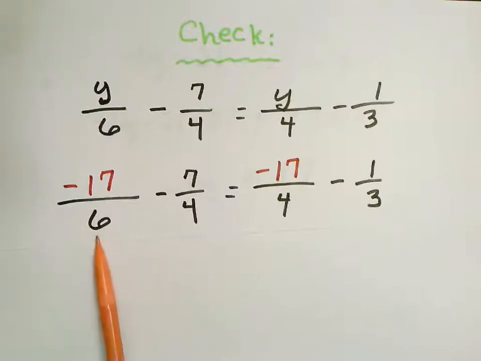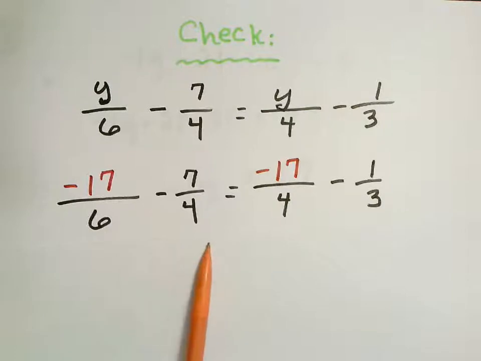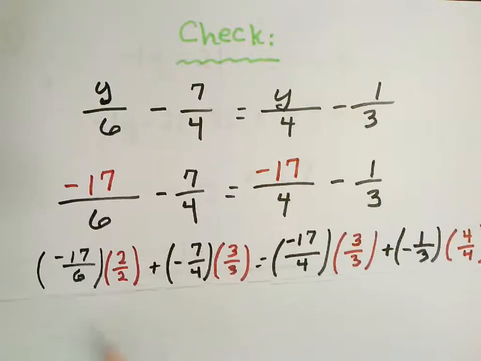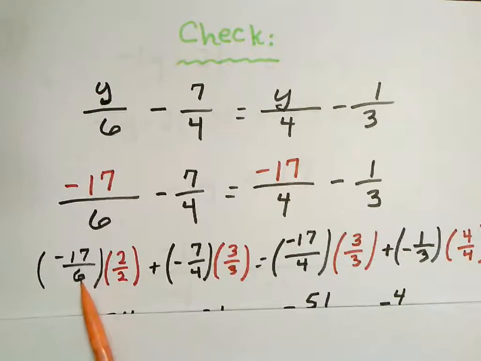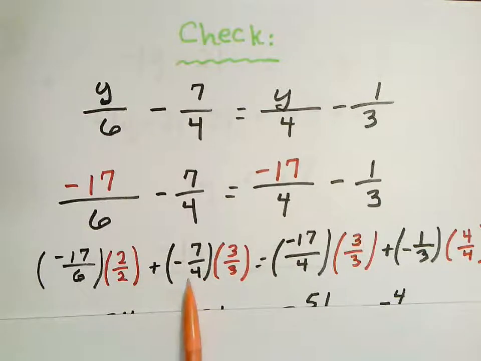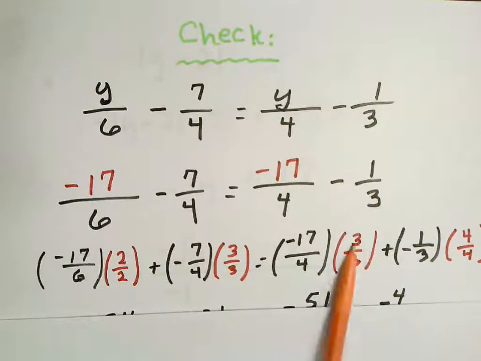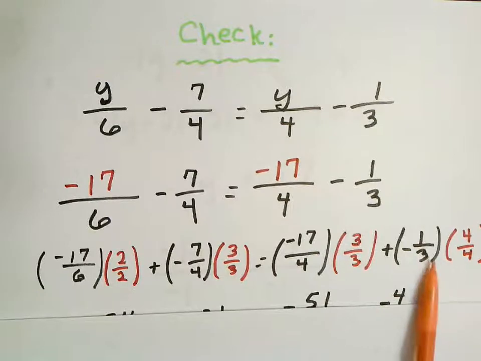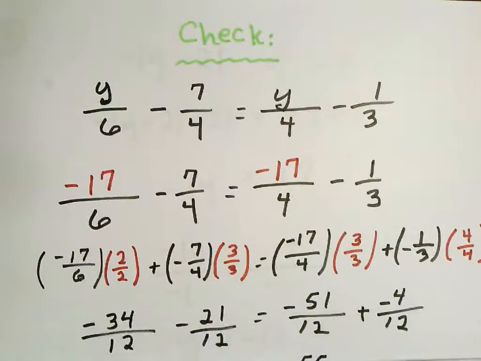The least common denominator for 6 and 4 will be 12. So I have to multiply this 6 by 2. But if I multiply the denominator by 2, I have to multiply the numerator by 2. This 4 by 3, this numerator by 3. This 4 by 3, numerator by 3. Denominator by 4, numerator by 4.